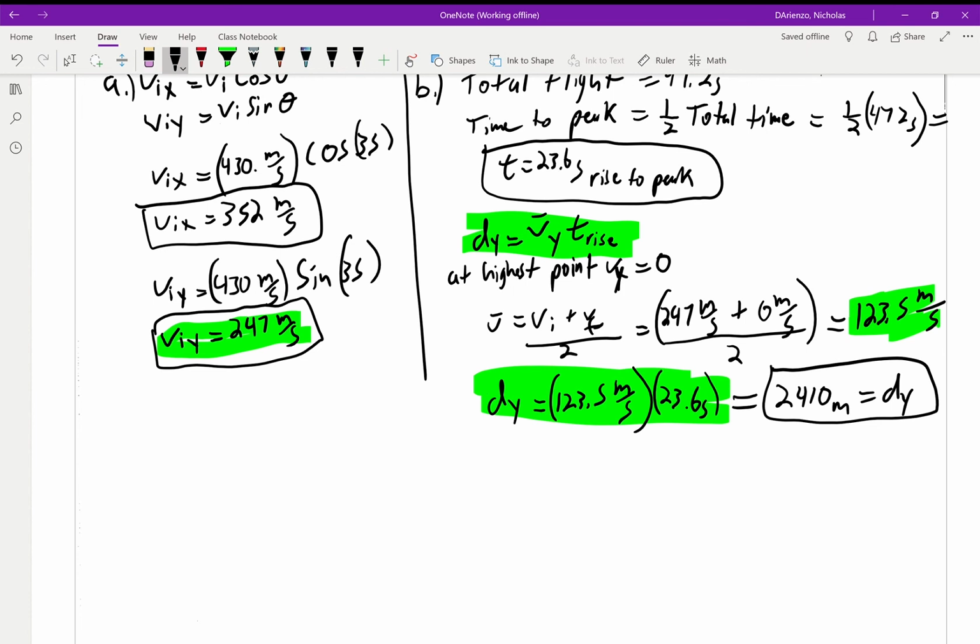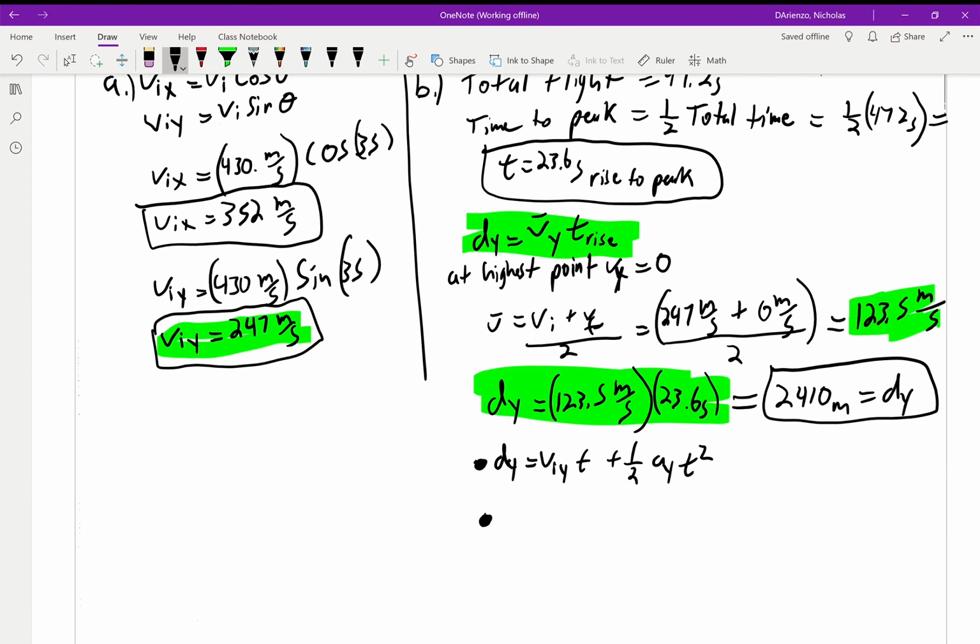Two other ways we can do that. One is using distance in the y, our distance formula, equals the velocity in the y times time, plus 1/2 acceleration in the y, t squared.